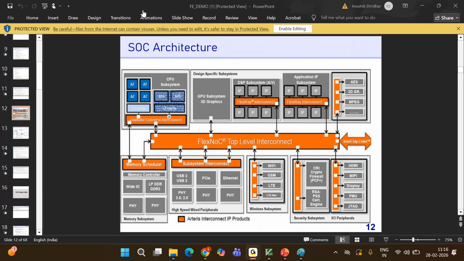Similarly, you need to know about an IP, about the hardware, before going to the verification. Because verification you would have learned in your basic training: Verilog, SystemVerilog, UVM, digital and all. Hardware understanding should be present.